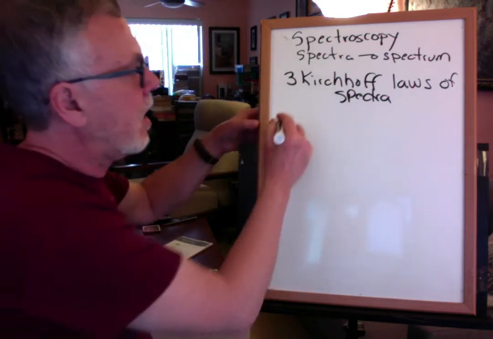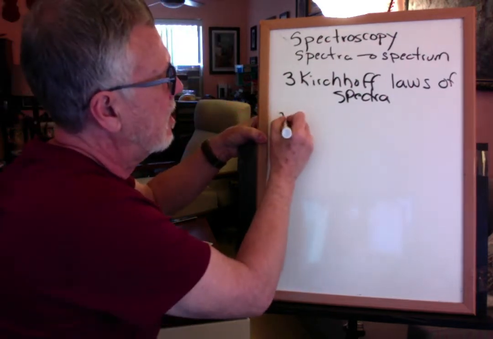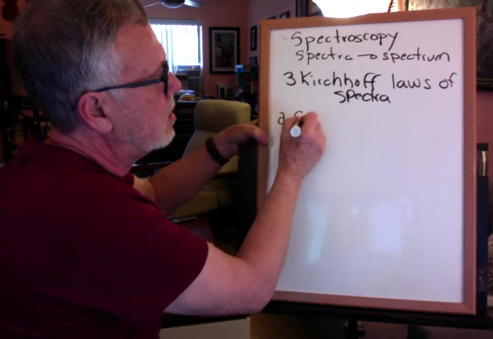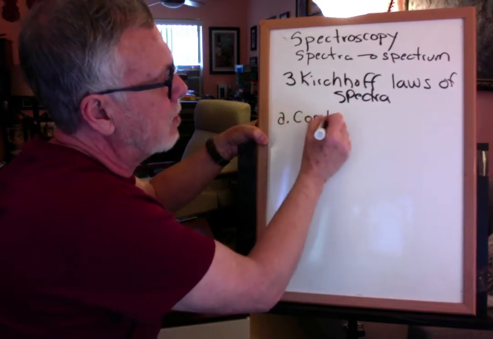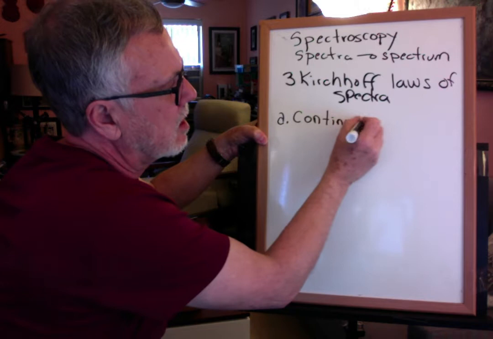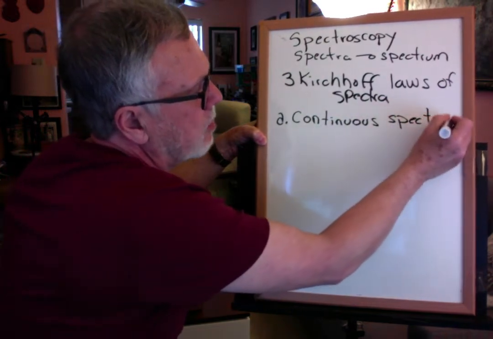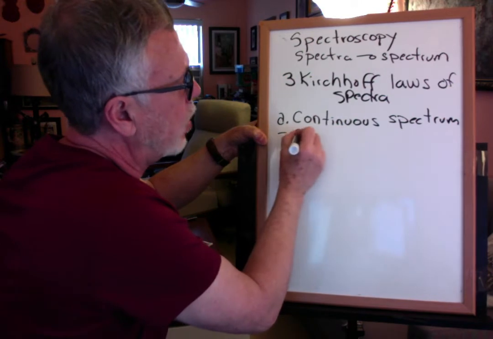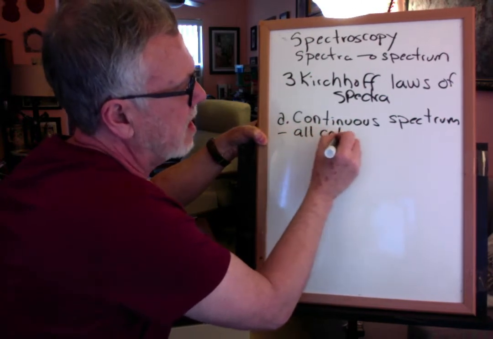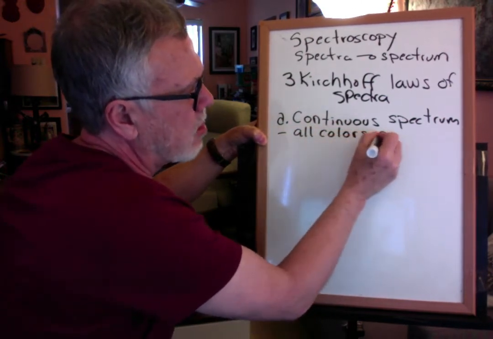The very first type brings up what is known as a continuous spectrum. And a continuous spectrum has basically all colors present. All colors are present.